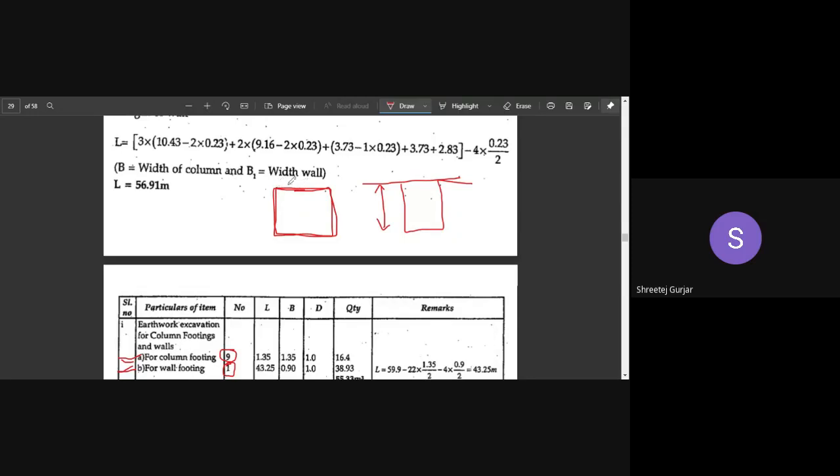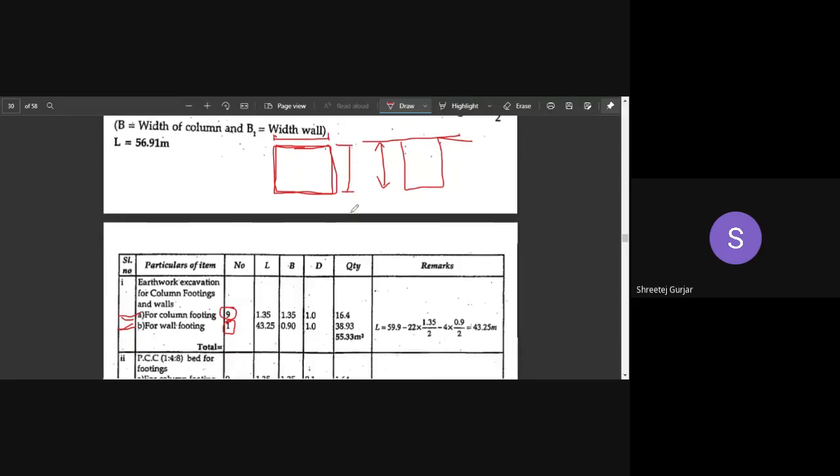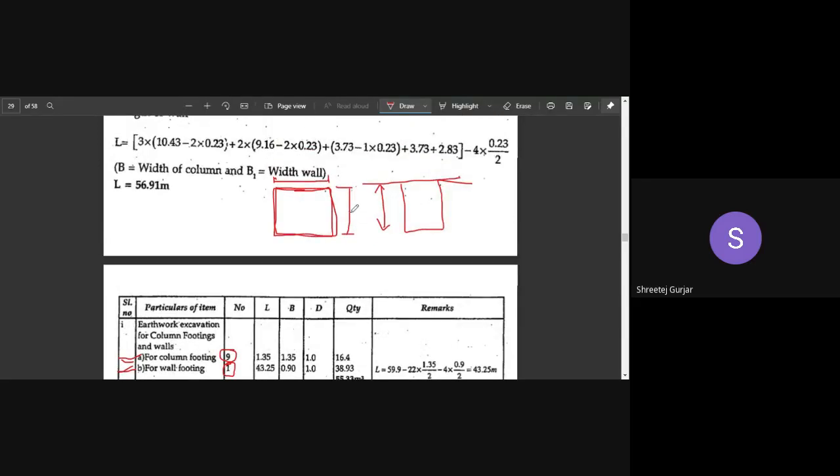So if you look into your section, what is the width and the depth that you need to calculate? Can anyone let me know what is the plan and what is the depth that is required for column footing?